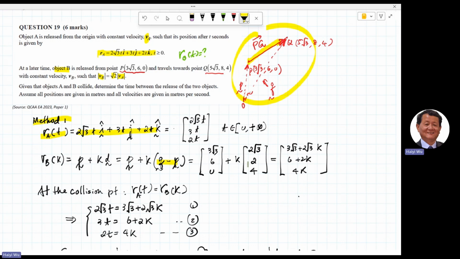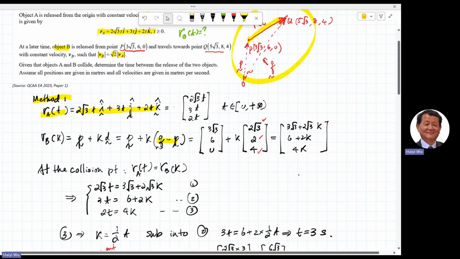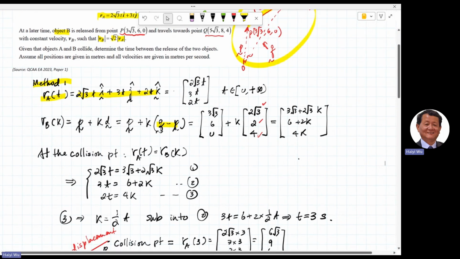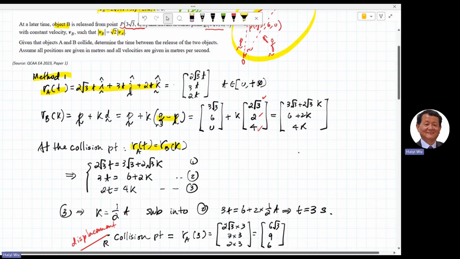Using the coordinates, we put the three coordinates together into column vectors. Now at the collision point, those two displacement vectors should be equal, so the three components will be equal.